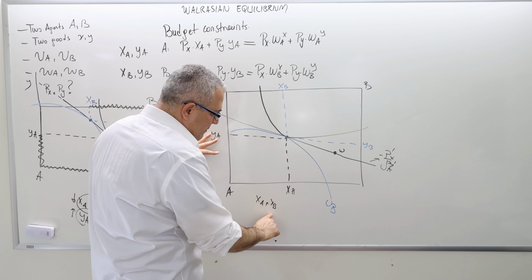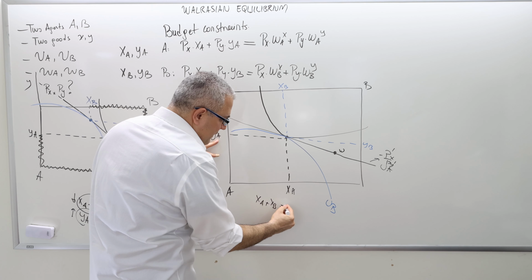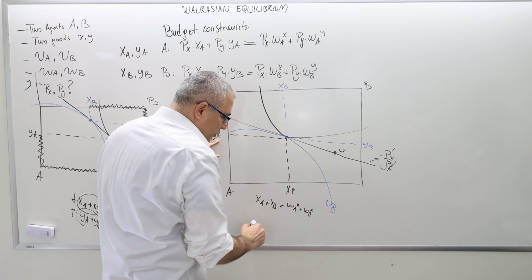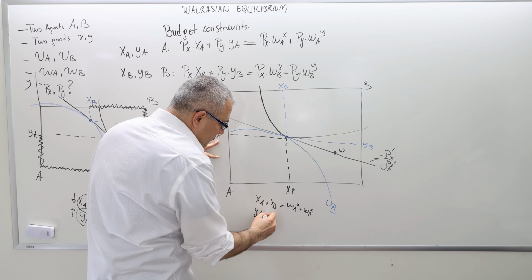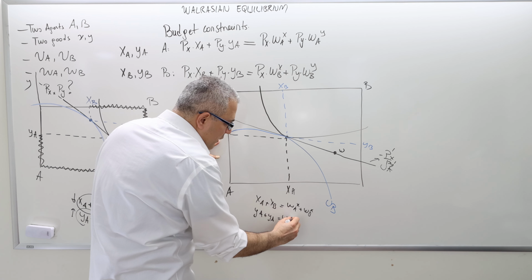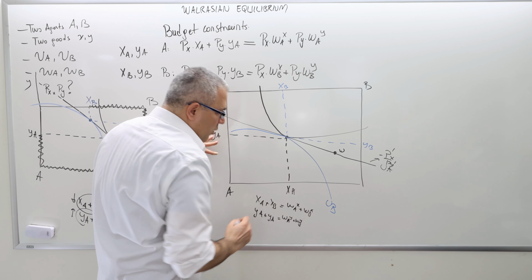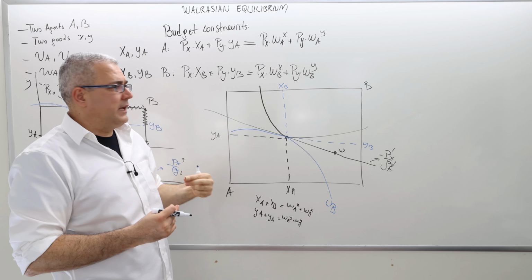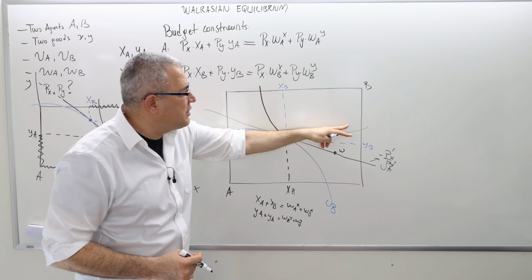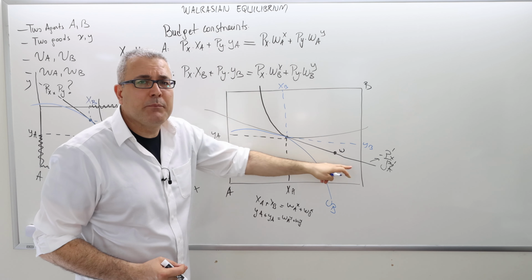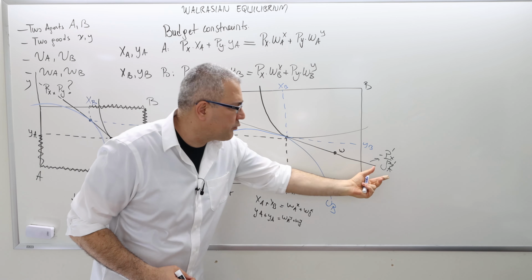So here, the total demand is going to be equal to the total supply for good X. And similarly, total demand for good Y is going to be equal to total supply for good Y, all right? And so the equilibrium should look like this, where both agent A and agent B maximize given their budget constraints, given the prices.